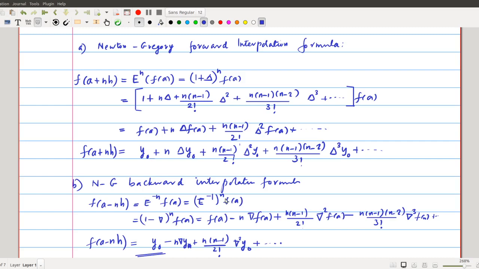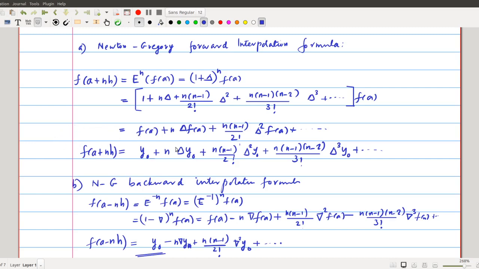So if this is the case, then in order to find out a value of f in between 5 and 10, suppose we have to evaluate the value of f at 8, that is in between 5 and 10.